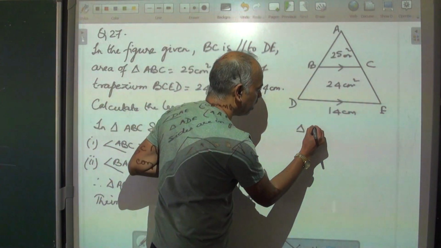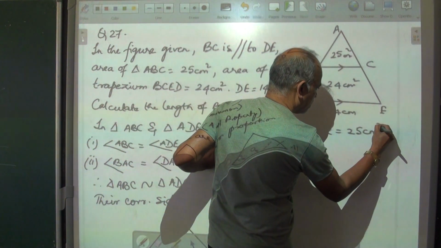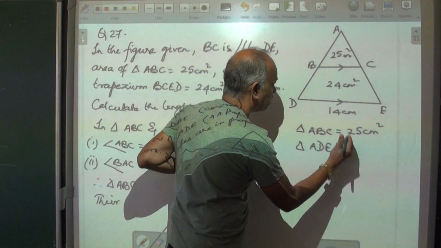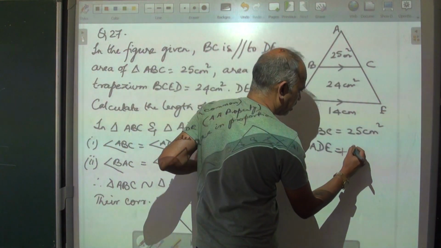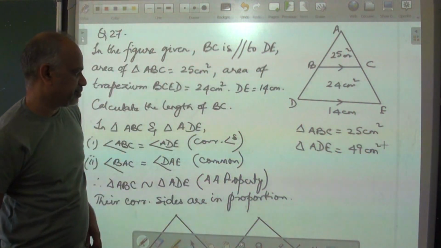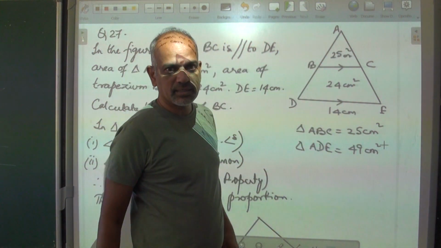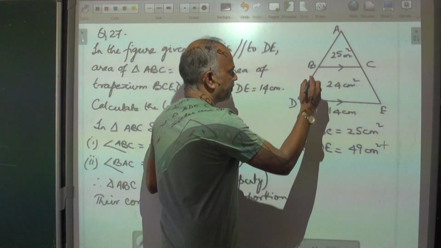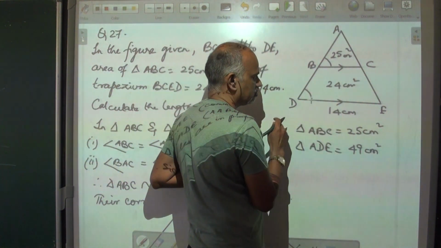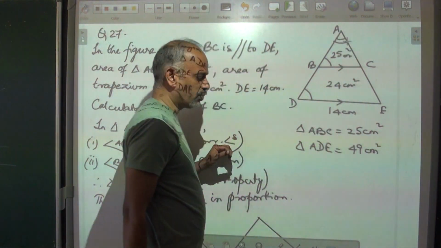Triangle ABC is 25 and triangle ADE, both of them added together, will give you 49 centimeters square. Now, first is to prove that these two triangles are similar. So angles which are equal, B is equal to D, first angle. Second angle is A is common in both.